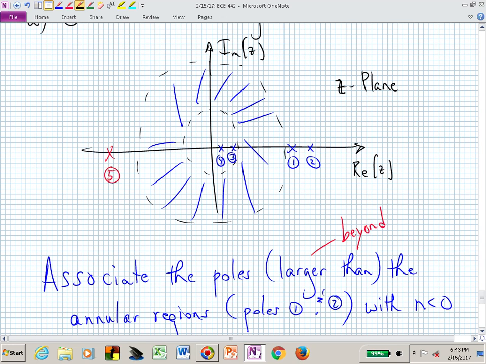If pole number, how do I want to say this? Suppose pole number 3 is at 2. Can I be any more confusing? So let's let 3 be at 3. Let's say pole number 3 is at 3. Is your time domain waveform bounded? No. What if pole number 1 is at 1?